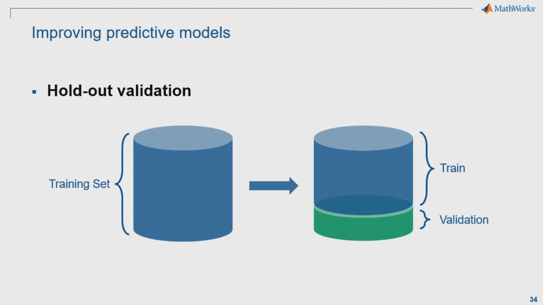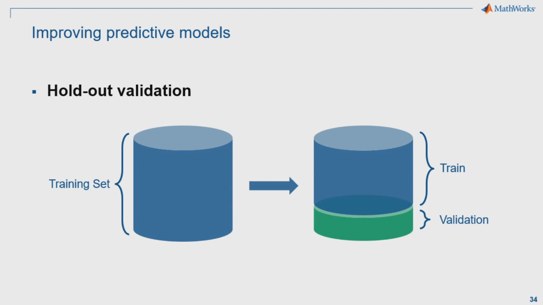How can we improve models? Well, there are many methods. First of all, one way is to use validation to tune parameters. In particular, we don't just split our dataset at the beginning into training and test, but we also split our training set into train and validation.